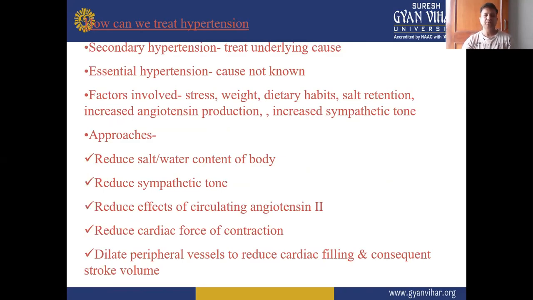Approaches: reduce salt or water content of the body, reduce sympathetic tone, reduce effects of circulating angiotensin 2, reduce cardiac force of contraction, dilate peripheral vessels to reduce cardiac filling and consequent stroke volume.